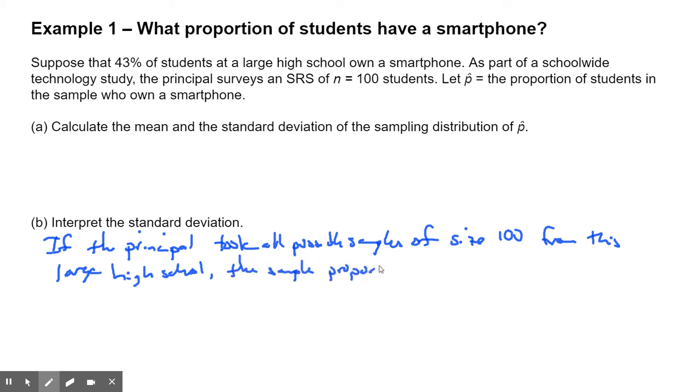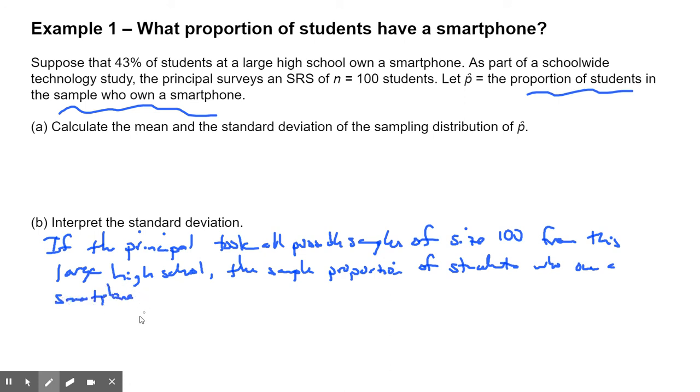So now we're doing the actual interpreting of the standard deviation. The sample proportion of students who own a smartphone would typically vary by, and now you list your standard deviation, 0.0495.